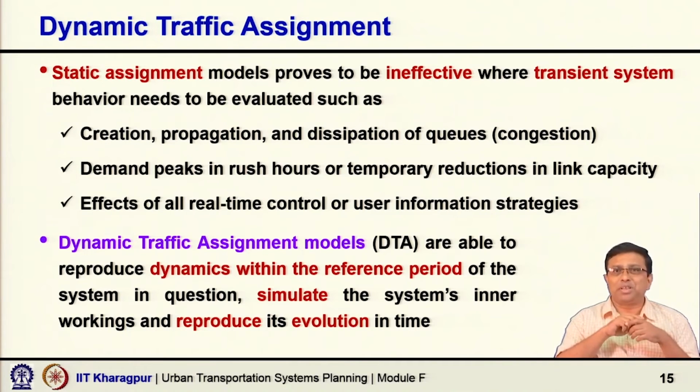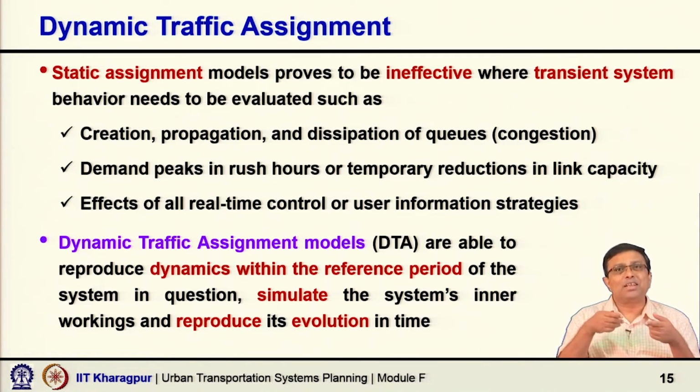So, one is that it is a function of time, and what you do at time t will impact the network state at time t plus delta t. How the traffic has been distributed at time t will have an impact on the state of the alternative paths at time t plus delta t.